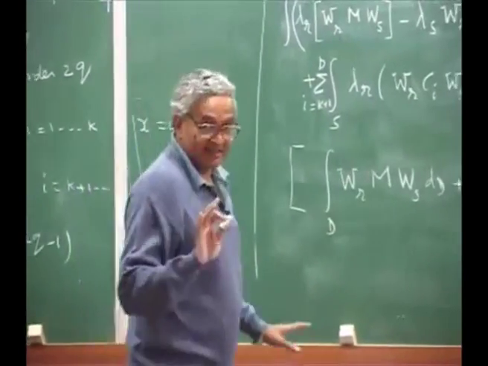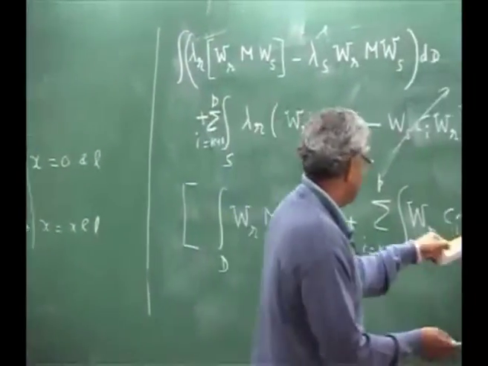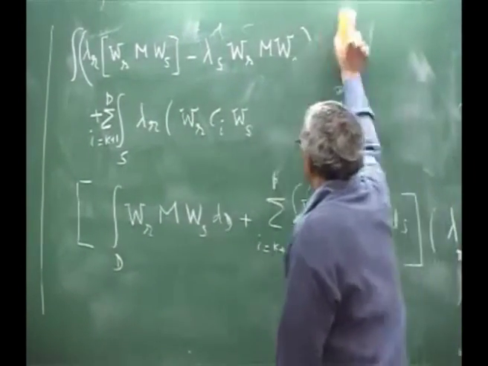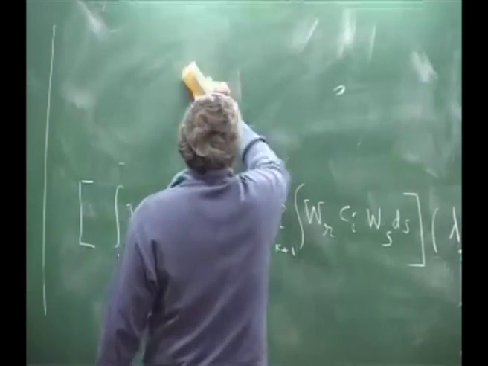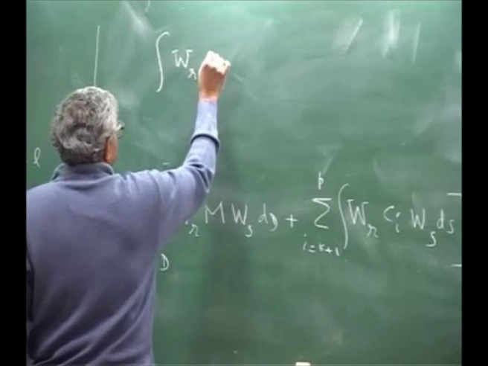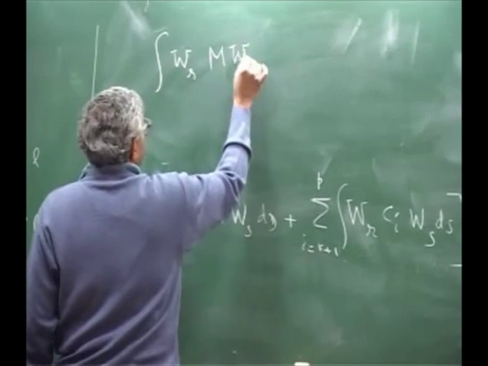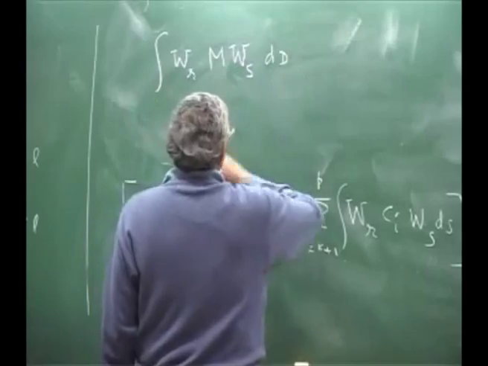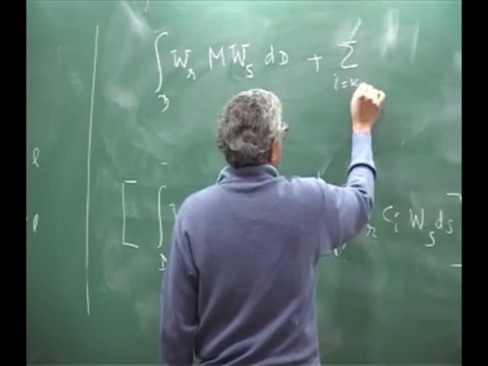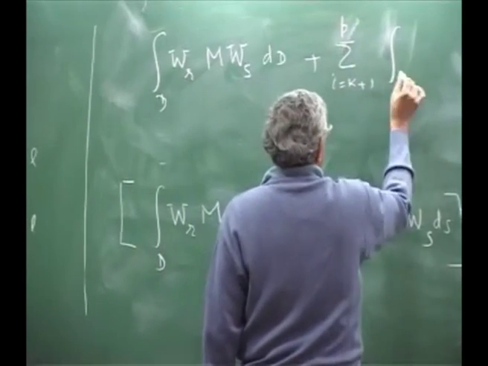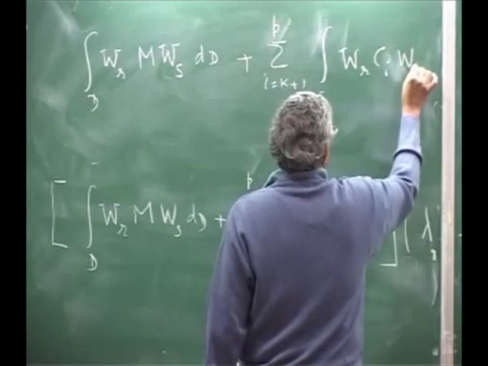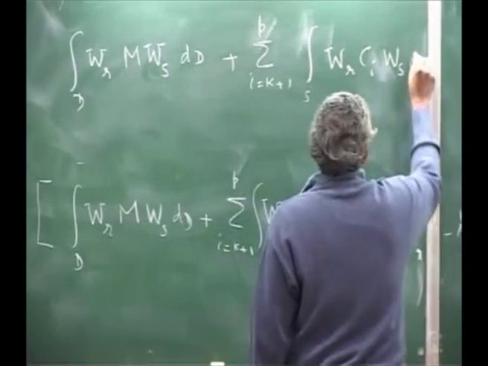So the orthogonality condition is defined by this expression. Okay, that is integral W R M W S dΩ plus summation i running from k plus 1 to p integral over the surface W R C I W S dS.